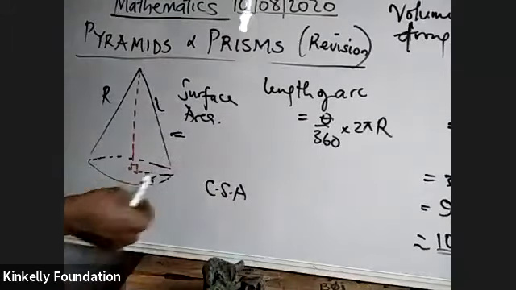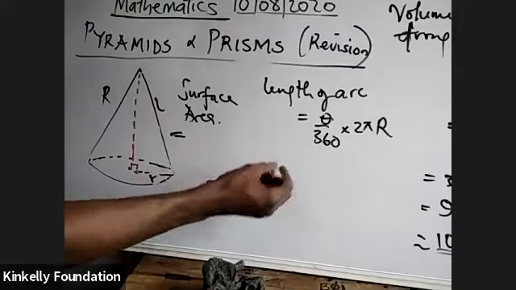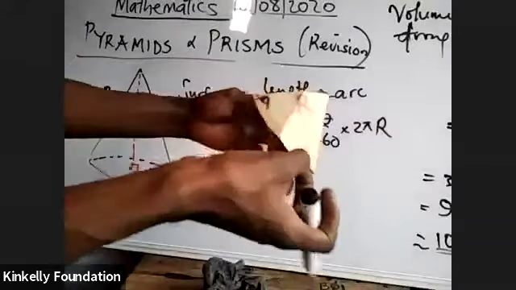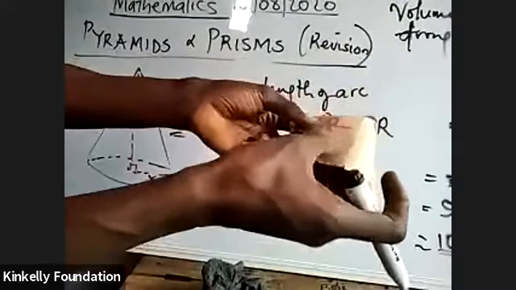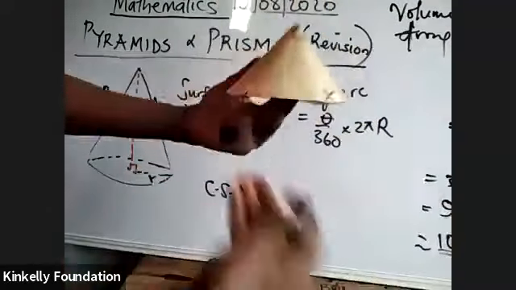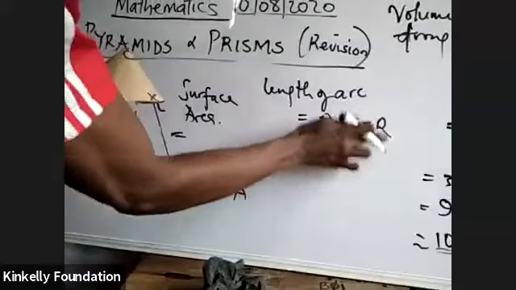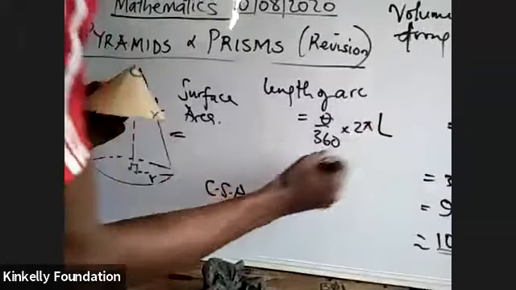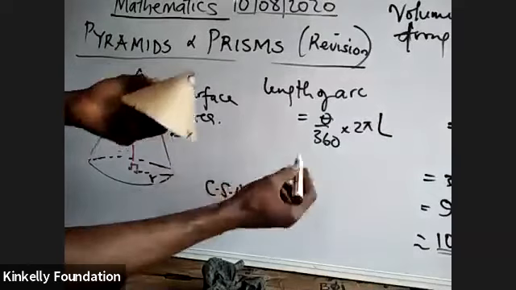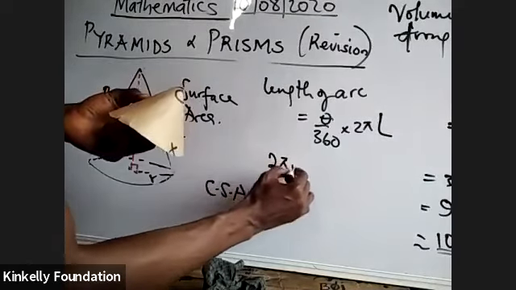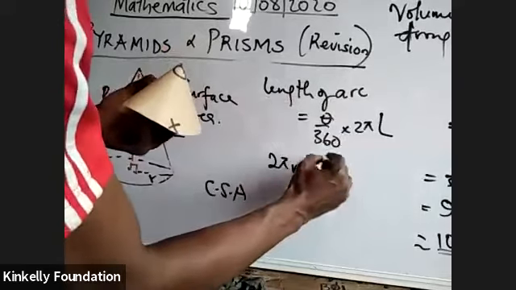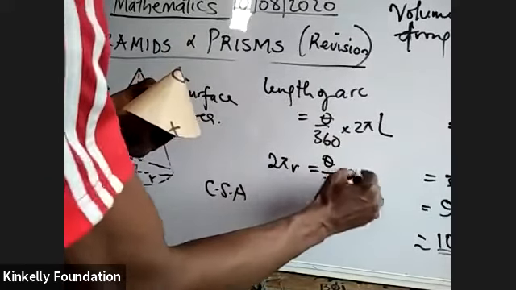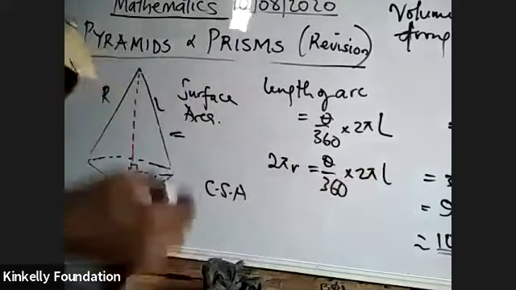Note that the length of arc became the circumference of the circular base, which means that this r becomes L, and we have that the circumference of the circular base, 2 pi r, is equal to the length of arc, theta over 360 times 2 pi L.